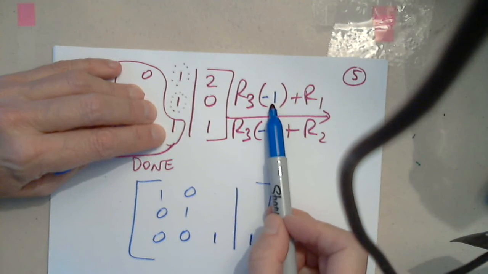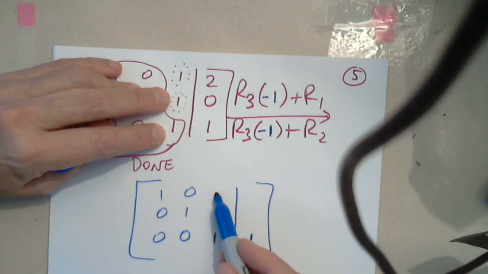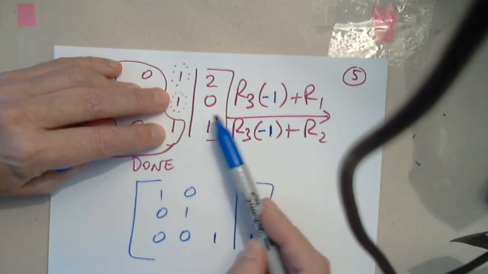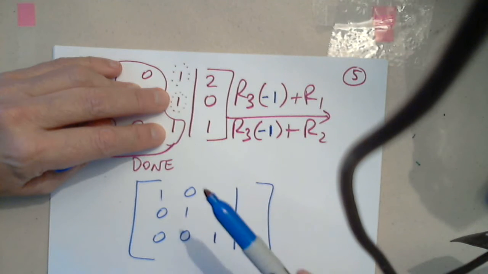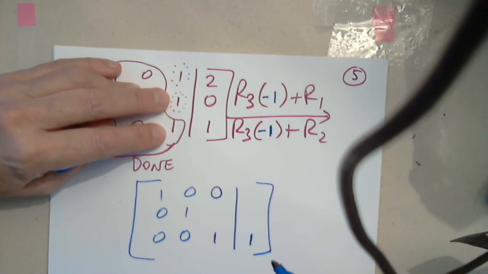1 times -1 plus row 1 plus 1. What do I have here at the top? 2. 1. So 1 times -1 is -1 plus 1 is 0. Perfect.